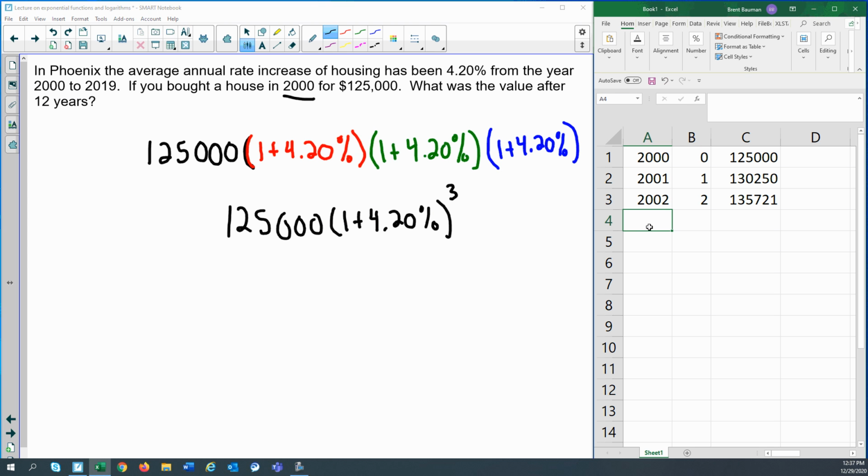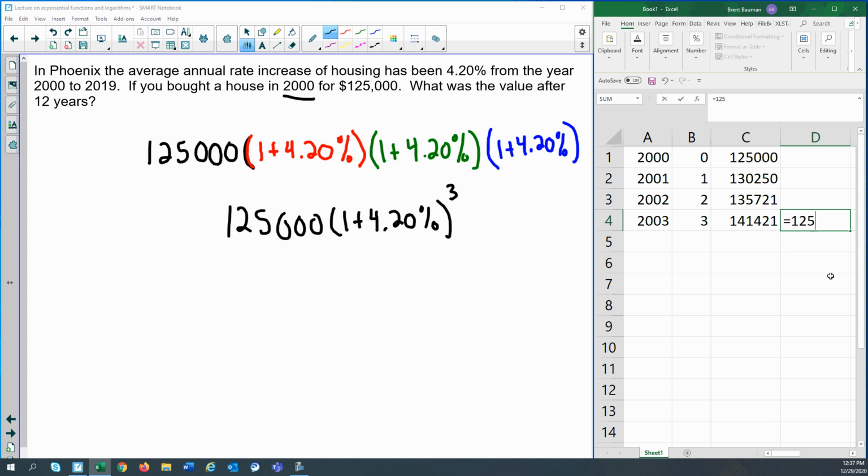So let's go through the long way. After year 3, again, we'd take this times the 1 plus 4.20%, and that should give us our next increase. But we're also saying that this should do the same thing. So I'm going to come over here and verify that.